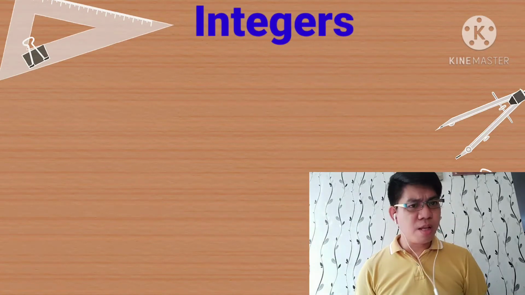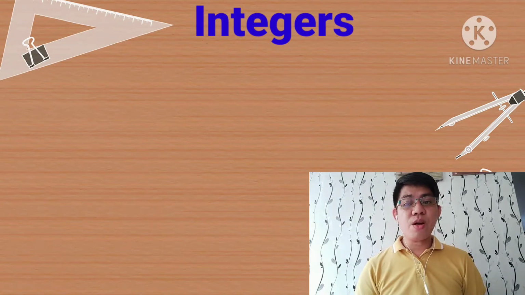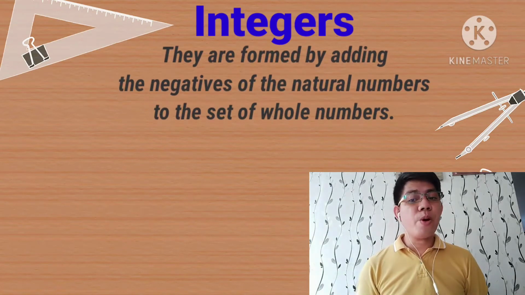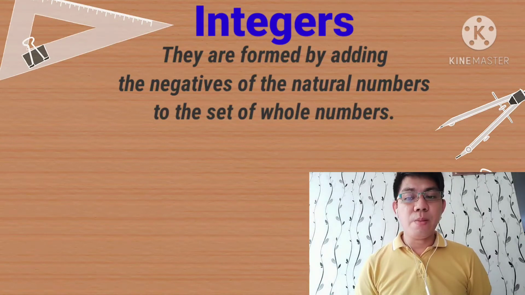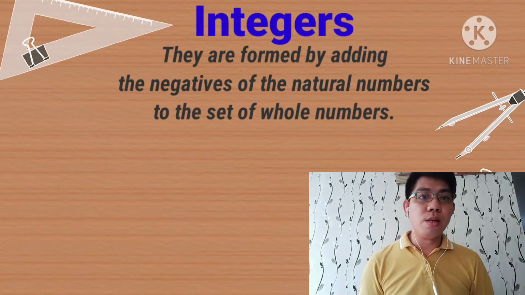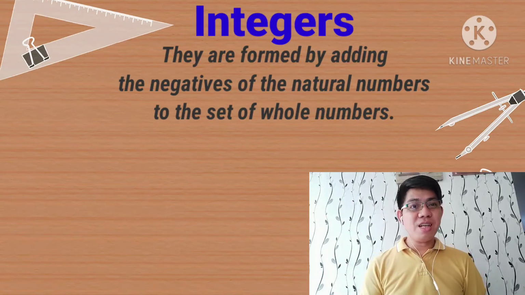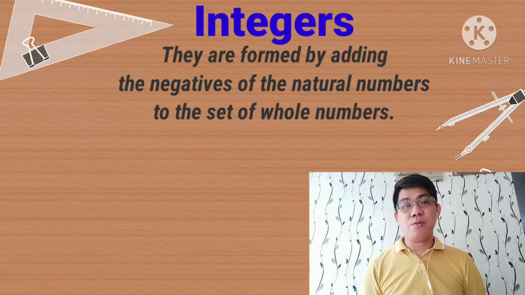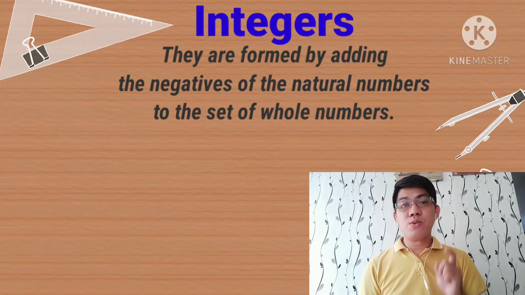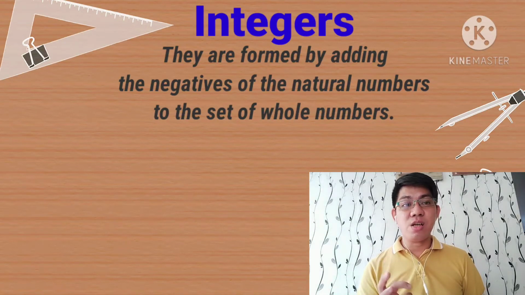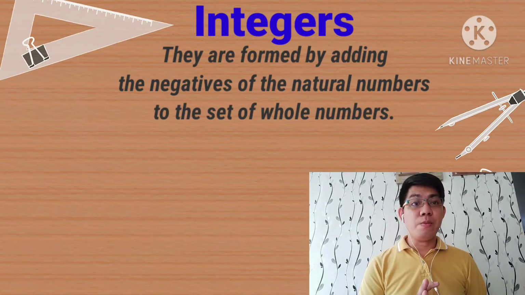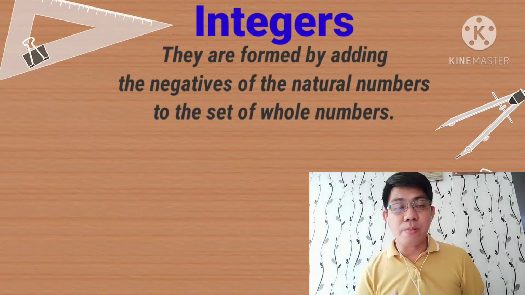The third one is what we call the integers. So ano naman yung tinatawag nating integers? Integers are formed by adding the negatives of the natural numbers to the set of whole numbers. Kanina, natural numbers 1, 2, 3, up to 10. Nag-add tayo ng 0, tinawag na natin siyang whole numbers.